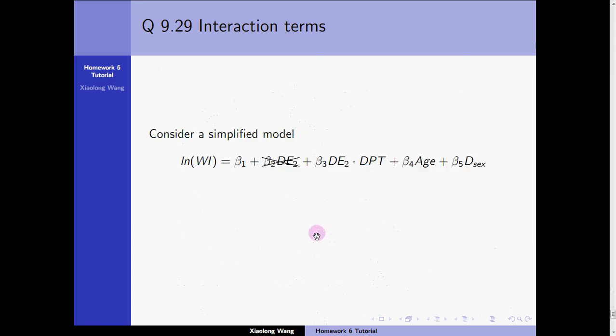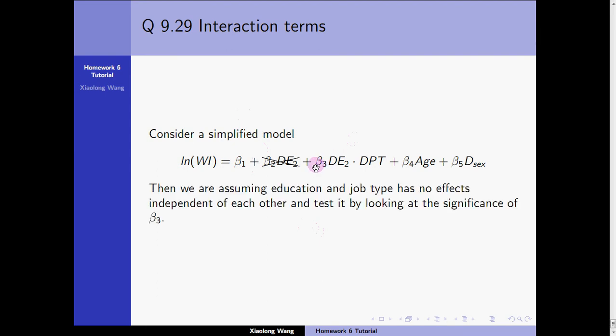So now let's consider another example where if we cross out D2, then we'll only have the interaction term in the regression. What does this mean? This means we are assuming that education and the job type, which is whether permanent or not, have no effects independent of each other.